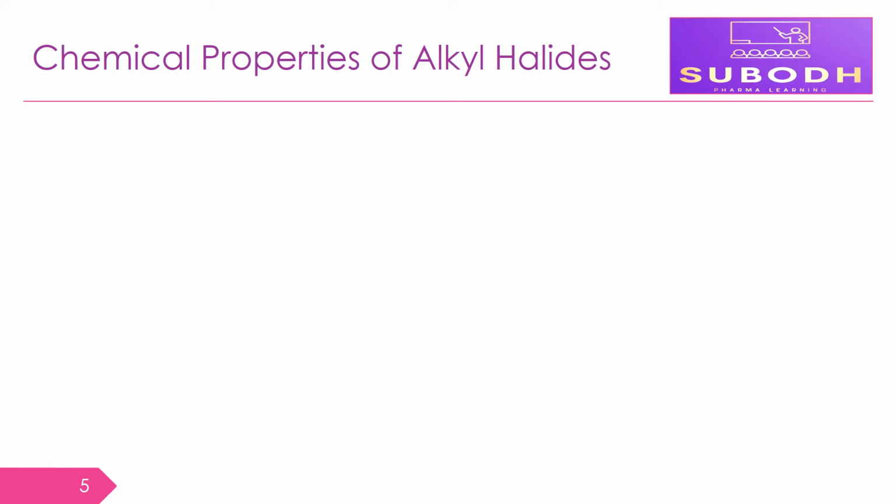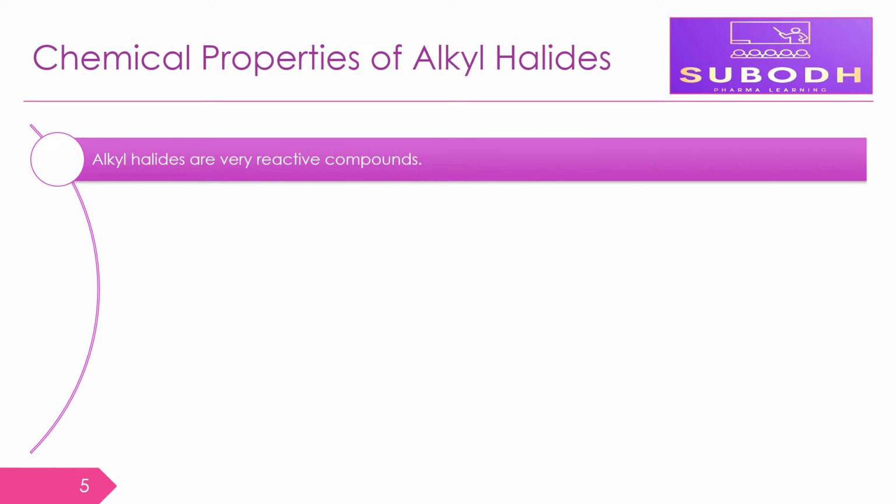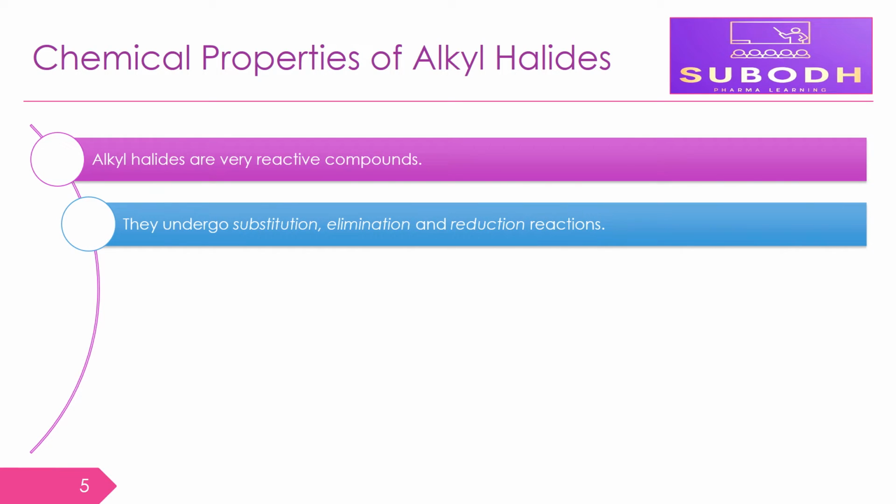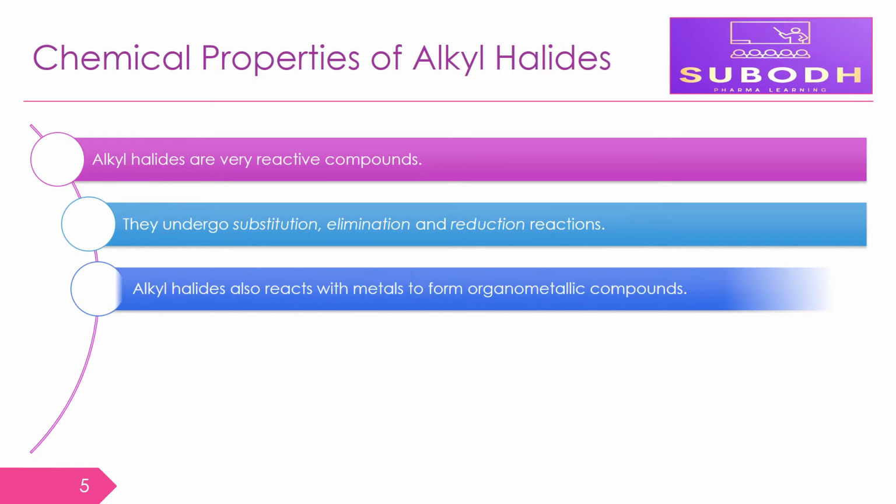Now we will see the chemical properties of alkyl halides. The alkyl halides are very reactive compounds. They undergo substitution, elimination and reduction reactions. The alkyl halides also react with metals to form organometallic compounds.